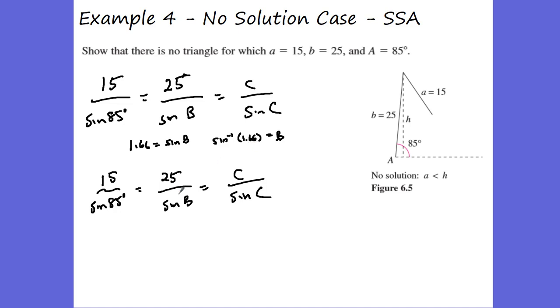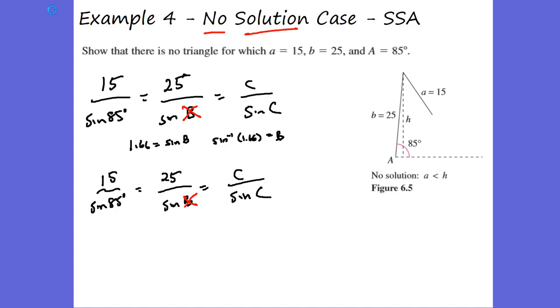The range is only going up to 1. So if you do arc sine of 1.66 in your calculator, it's going to error out. There's no possibility of an angle, which means we have no solution here for that ASS case.